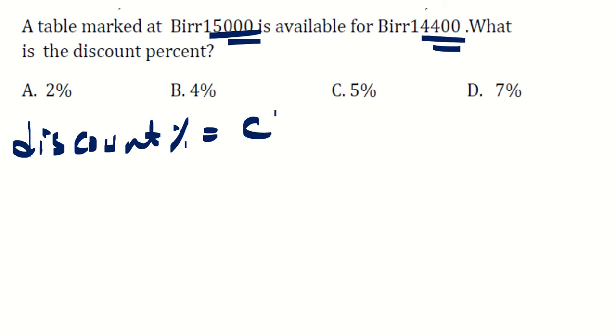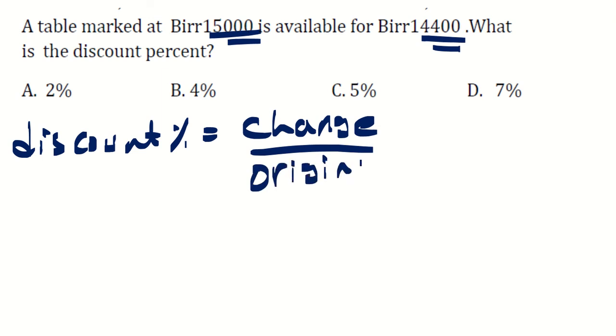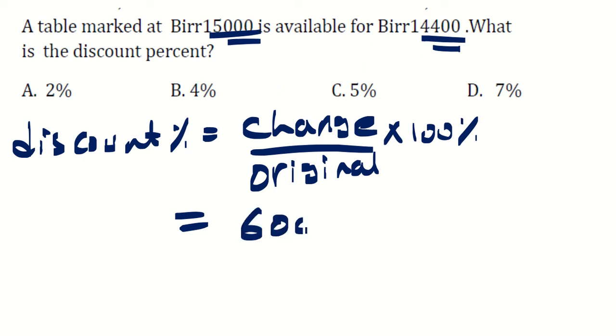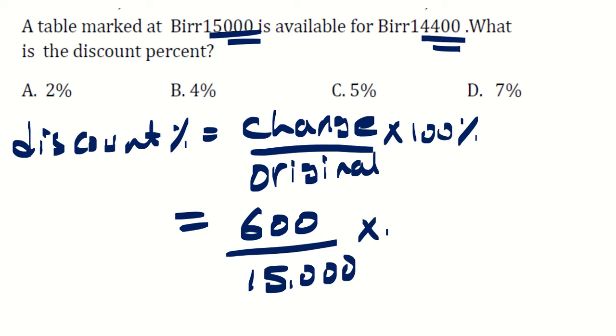Take the difference, change over original, like the percentage increment and percentage decrement formula. Change over original times 100% will do, where the change means the difference between them. 15,000 minus 14,400 will be 600. The difference, you can make the minus 600 over 15,000 times 100%. We need to do it.